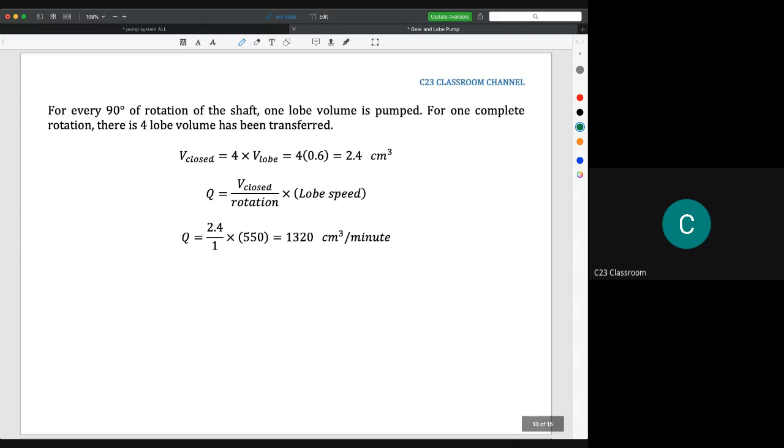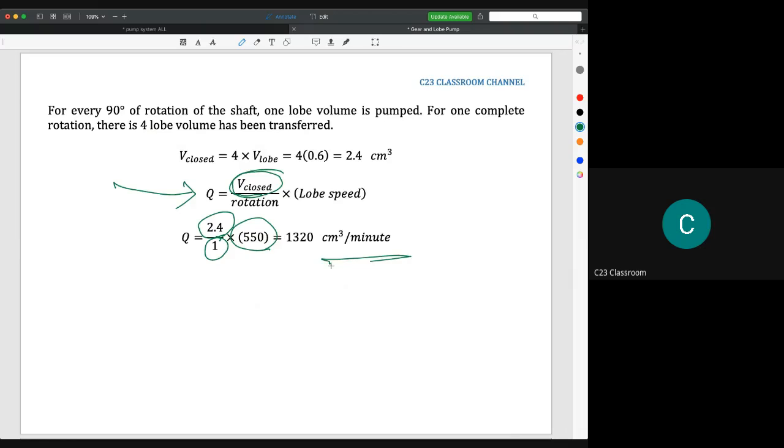And then the official equation to calculate the volume flow rate for a lobe pump is like this: Q equals V close times rotation times lobe speed. Here, V close means the total volume for one rotation, which we already calculated as 2.4, divided by one rotation, times 550 RPM.